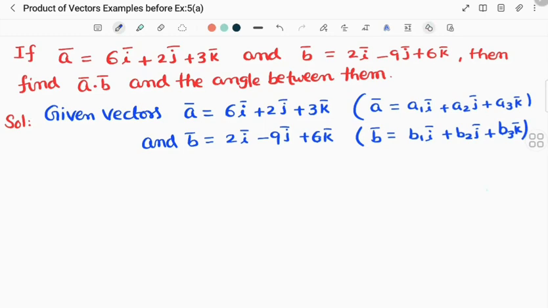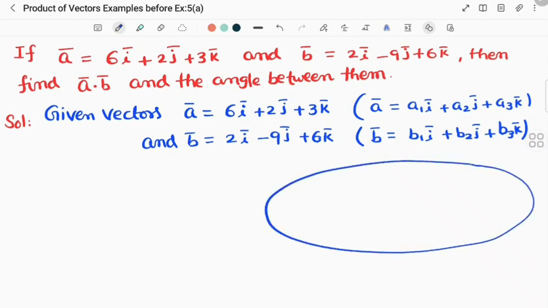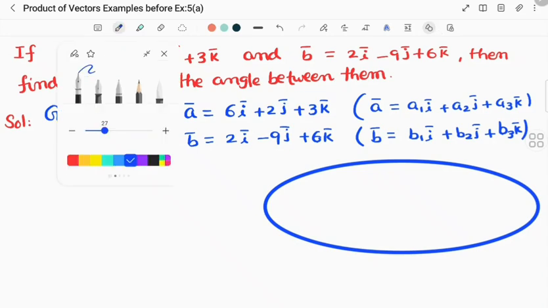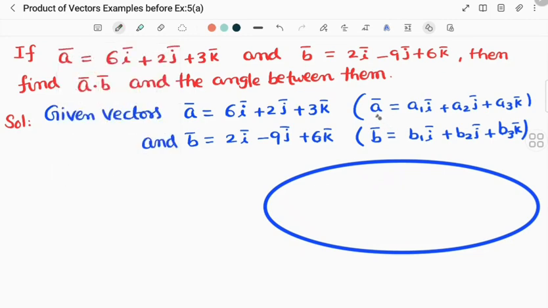Here, dear students, A bar equal to A1i plus A2j plus A3k, B bar equal to B1i plus B2j plus B3k, then the dot product can be written as A bar dot B bar equal to, so I bar dot I bar value is 1, no?